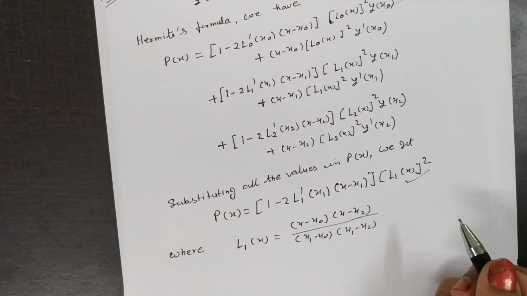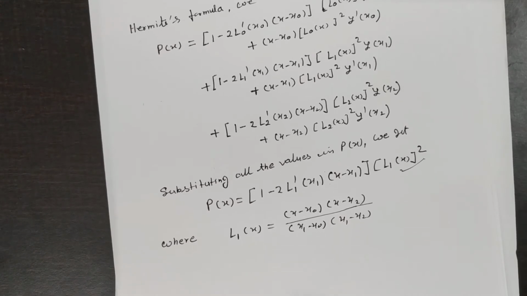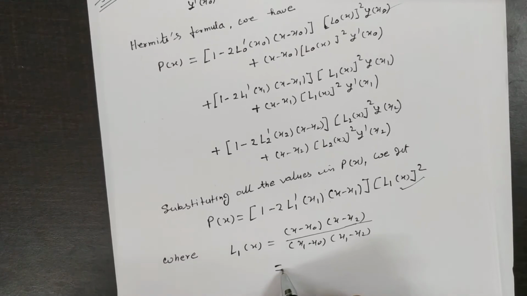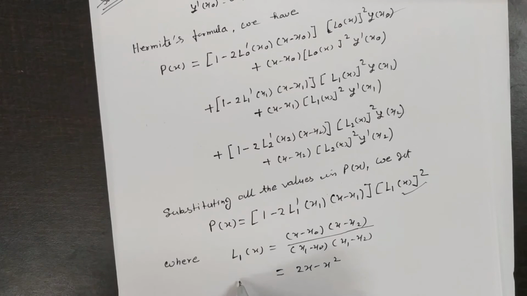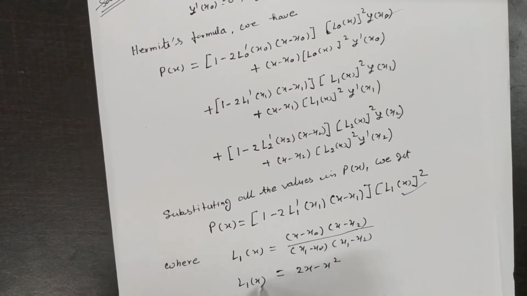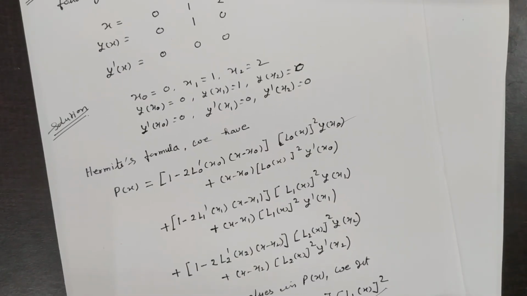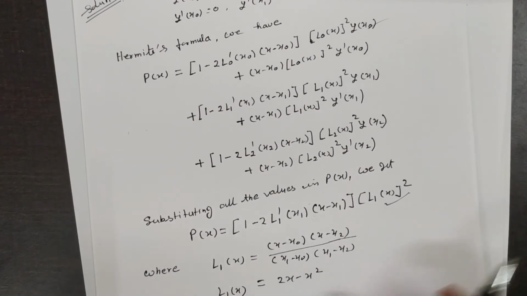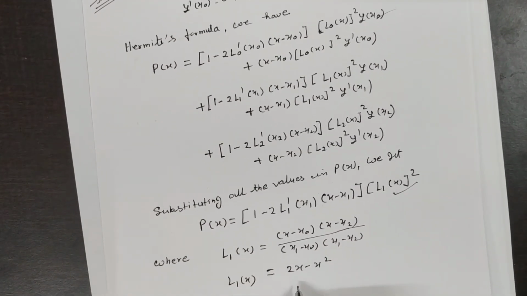Last time you solved many problems on Lagrange interpolation. Substituting these values, L1(x) equals 2x minus x square. Clear, students?